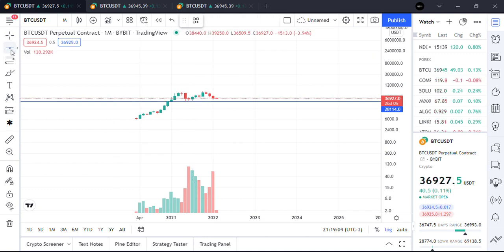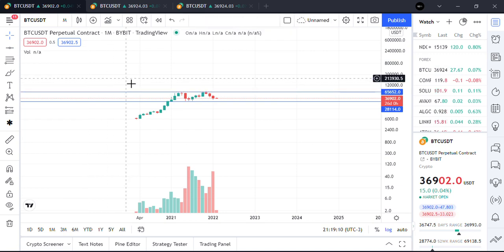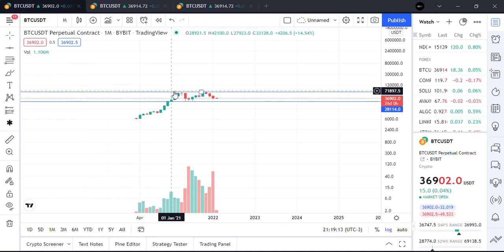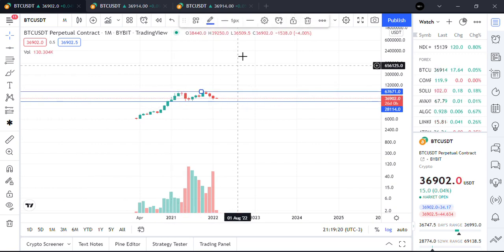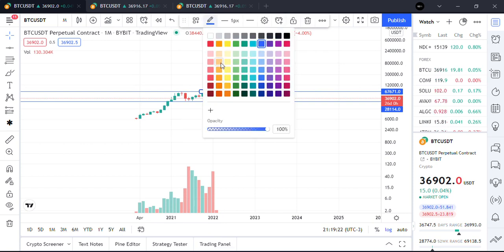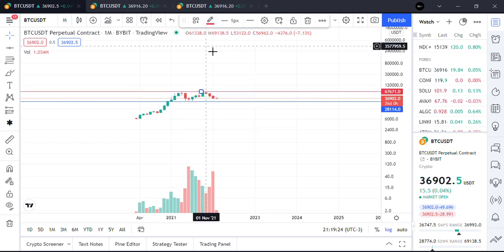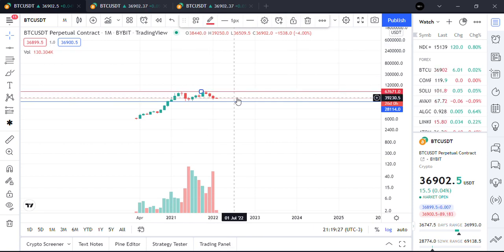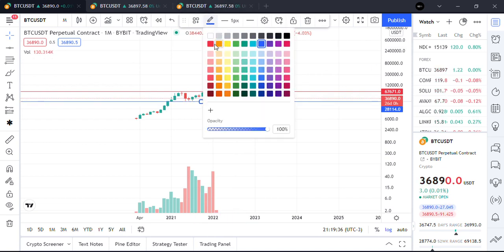Remember, we are going from the monthly down to the 15 minutes. So just to identify which is for which, you can change the color of this. Okay, you can change this blue to red. So it shows danger, it shows monthly, because in the monthly the price will respond in a more aggressive way than it responds to the 15 minutes.